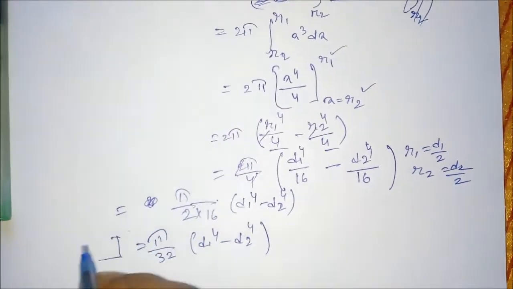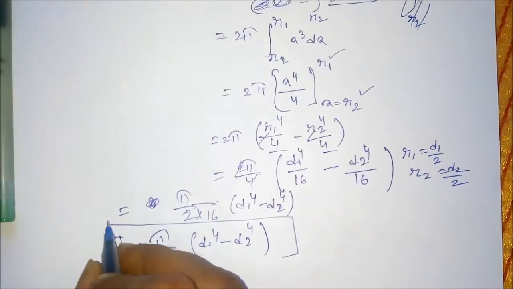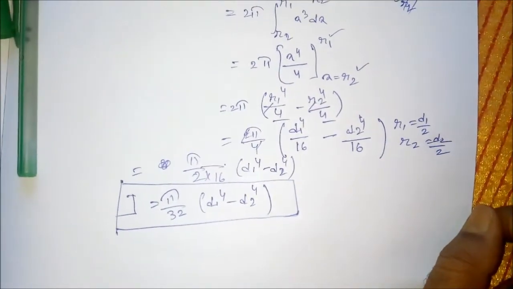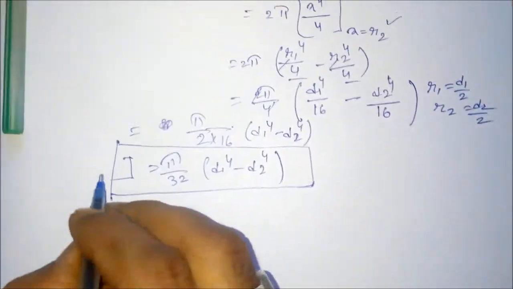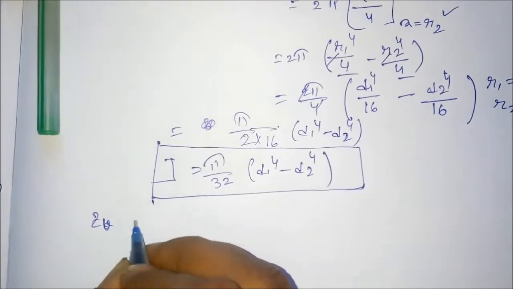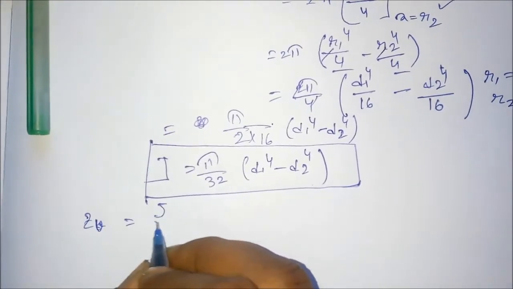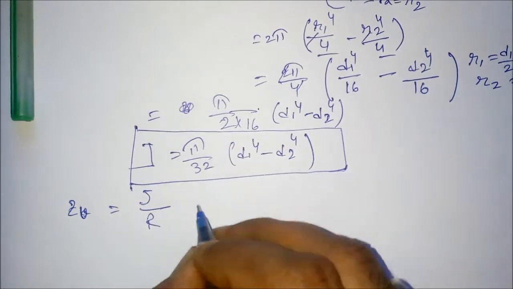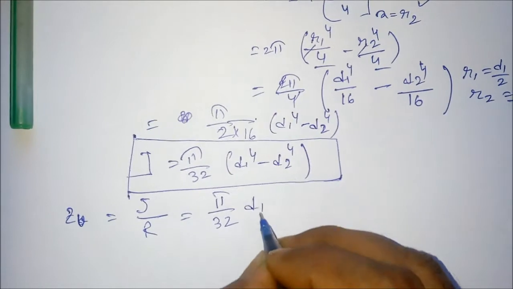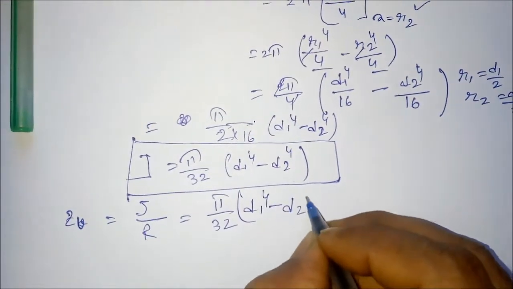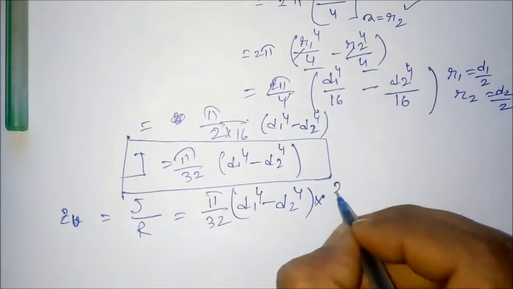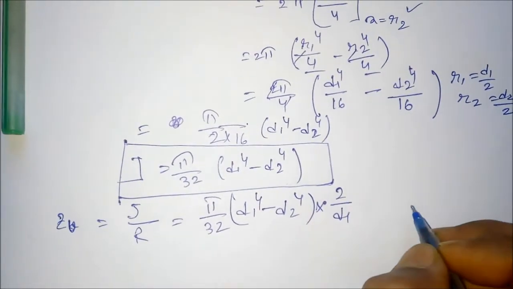This is the value of J, the polar moment of inertia for a hollow shaft. Now what will be the polar modulus Zp? Zp is nothing but the polar moment of inertia divided by R. So pi by 32 (d1 to the power 4 minus d2 to the power 4) multiplied by 2 divided by d1, right?